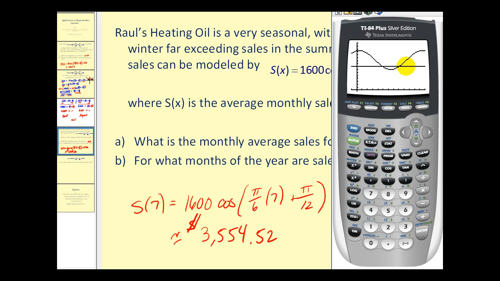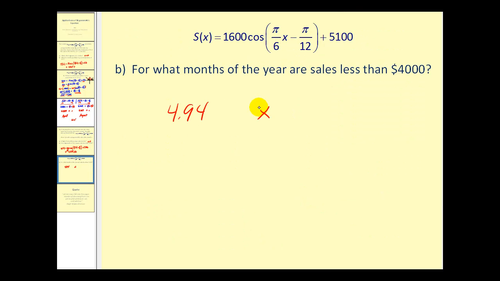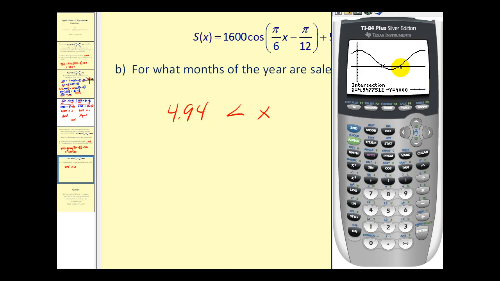If we press second trace, option 5 for intersection, and scroll over to the left, it only finds one point of intersection at a time. Let's press enter 3 times. So x is approximately 4.94. Let's go ahead and record that. So if x is greater than 4.94, and let's go ahead and find the second point of intersection.